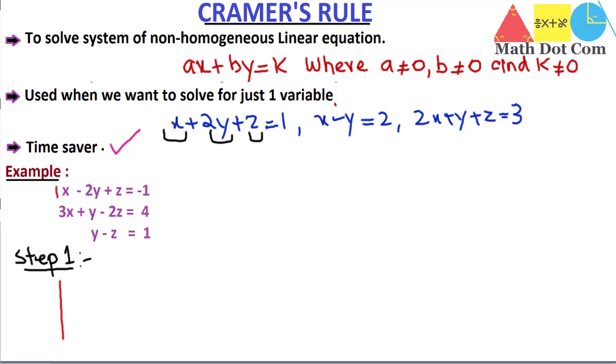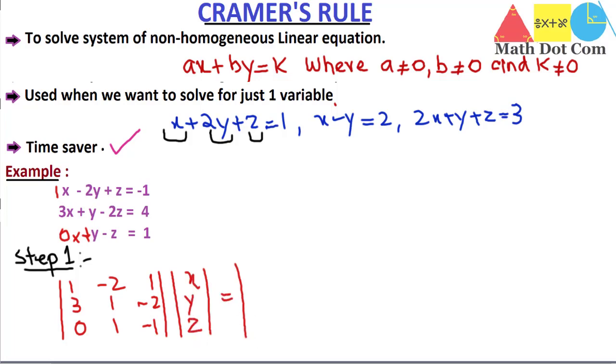Here we have 1, -2, 1, then 3, 1, -2, and in the last we have 0x plus y minus z, so I'll write 0, 1, -1. Then I have to write the variables x, y and z, equals the constants on the other side of the equality.